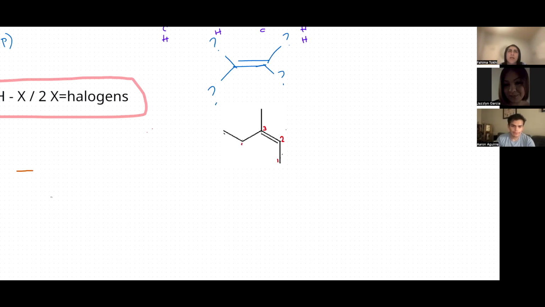So that's a pentene. Then we see that the double bond is on 2, and then you have a methyl on your third carbon.